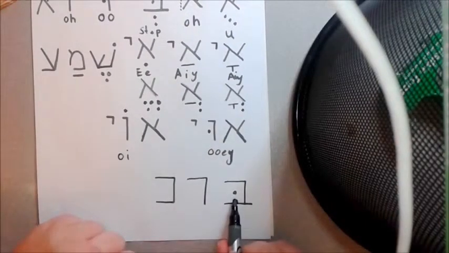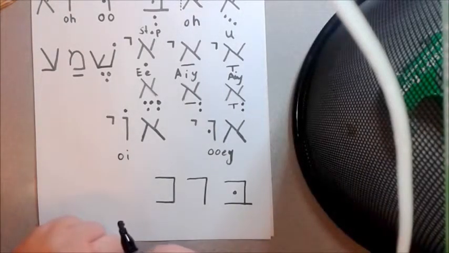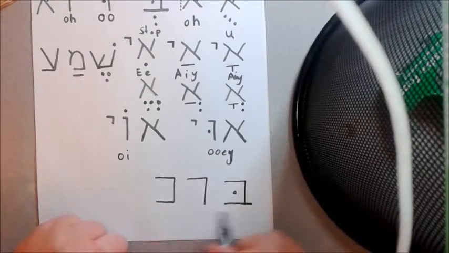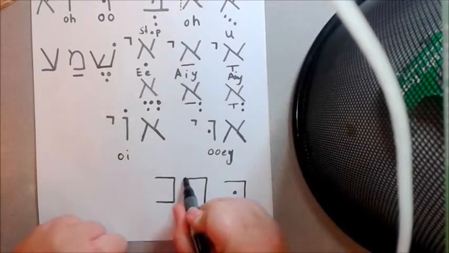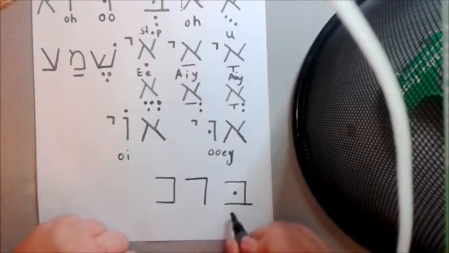See how this has the dot in there, so it's going to say b instead of v. However, this does not have the dot in there, so it's going to say chaf instead of kaf. It's going to have the ch instead of a k. It has its softer sound because there is no dot in there. Let me darken my resh, just make it a little bit clearer.